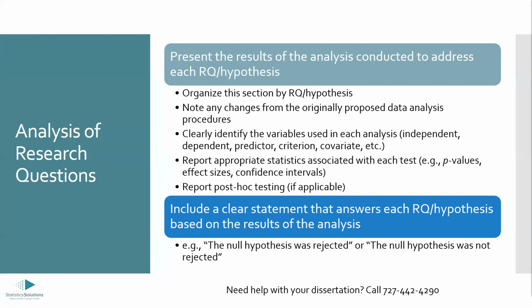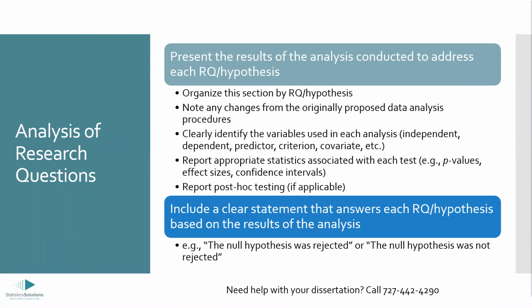So for instance, if you have 5 research questions, you probably just want to present them in order from 1 to 5. You don't want to, for instance, start with research question 5 and then jump to research question 2 and then to research question 4. It's going to be very confusing for your reader if you organize it that way. So you want to follow a very logical order, and generally the easiest way to do this is to just organize the section in order by your research questions and hypotheses.